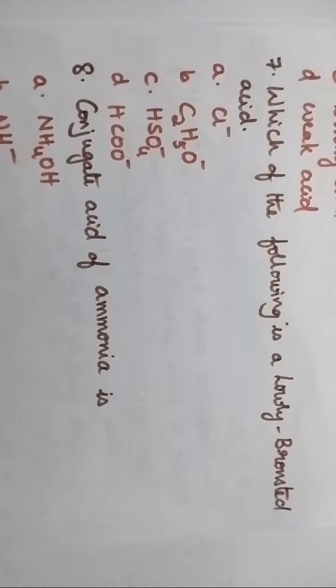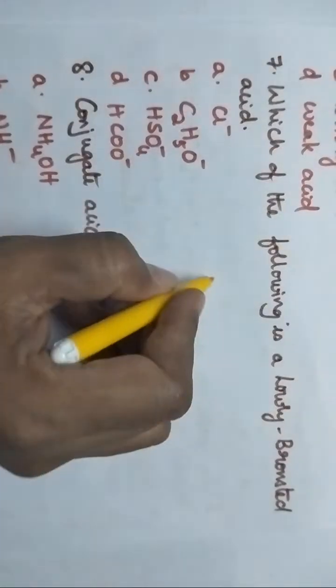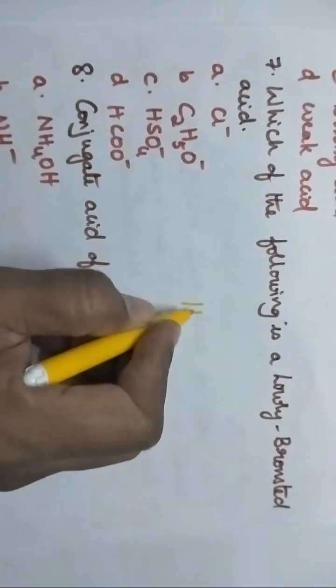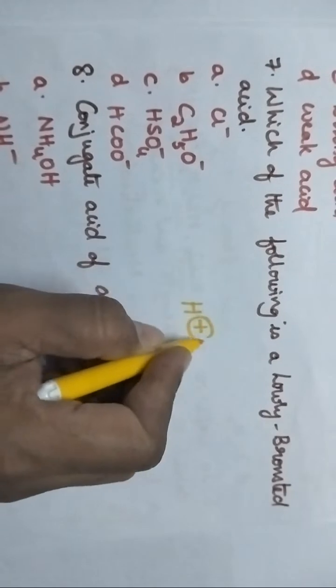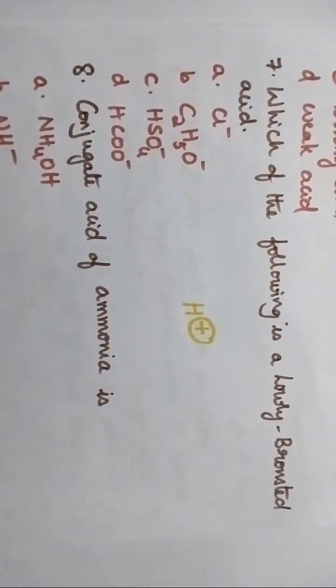Let us move on to the seventh question. Which of the following is a Lowry Bronsted acid? You have to identify the Bronsted acid. What is the nature of the Bronsted acid? It can donate a proton. Now identify which of the following substances can donate a proton.